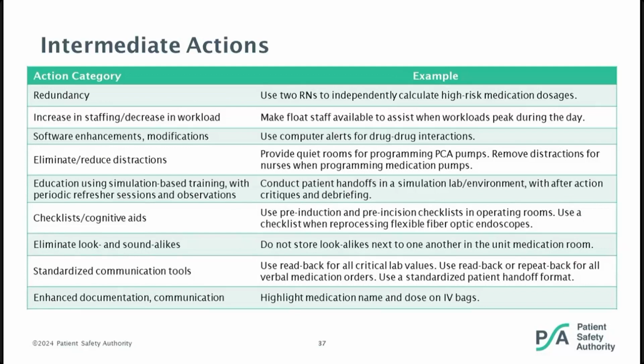Software enhancements, modifications, standardized communication tools such as readback for critical lab values. It's great, but what happens if there was an issue with voice? Today, not being able to hear me. Being a muffled voice would be very difficult. During your busy day, you just might move on and say, yeah, I think he said that.